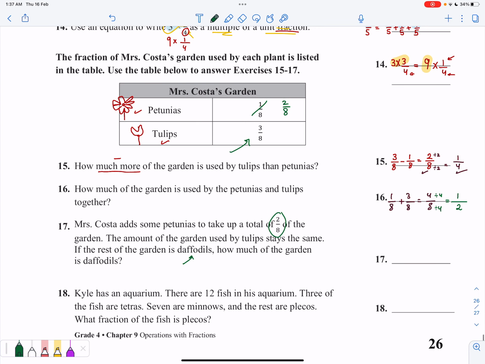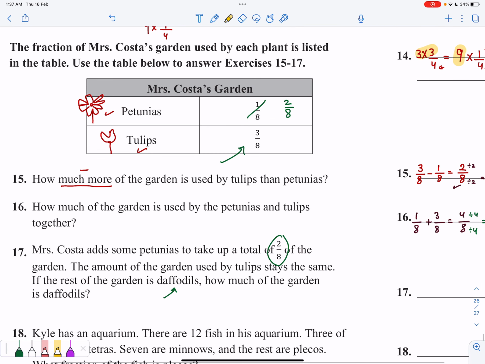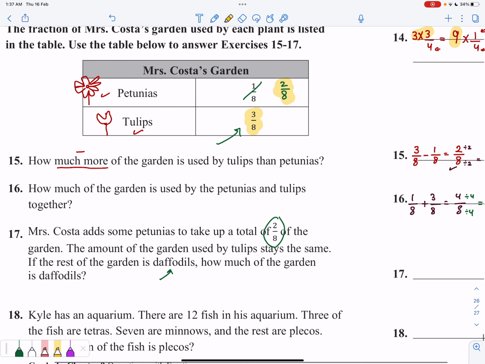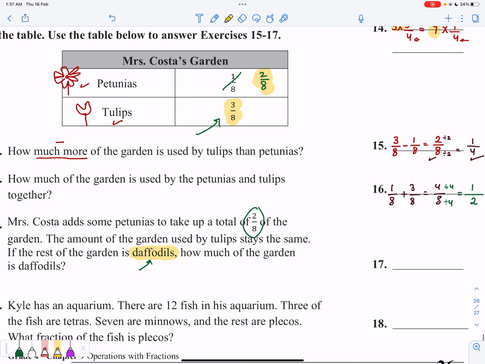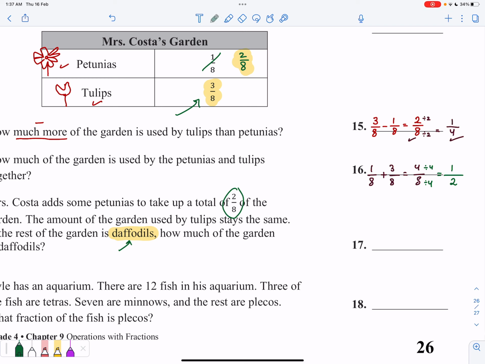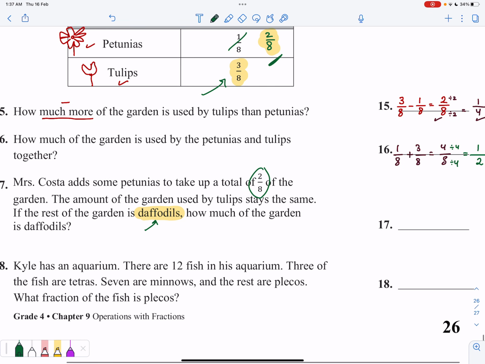Now we know how much we have of the petunias, which is now 2/8, and the tulips, which is 3/8. He added a third kind, the daffodils. So we need to add the amounts of these two flowers, and the rest of them will be the daffodils.